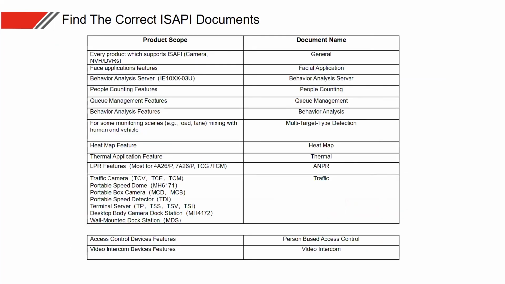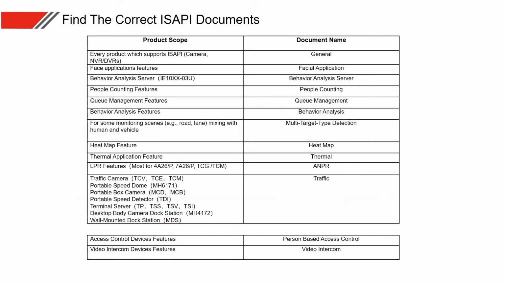And here we show a list of which kinds of ESRP documents we already provide on TPP. For example, if you use cameras or NVRs, please download our general ESRP documents. If you want to do some face application features, you can get the facial application ESRP documents.